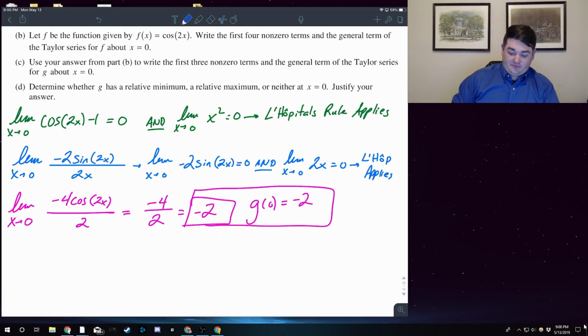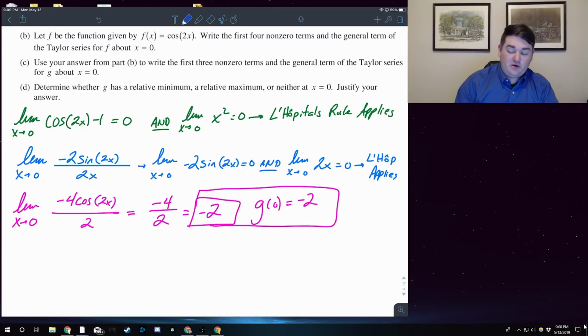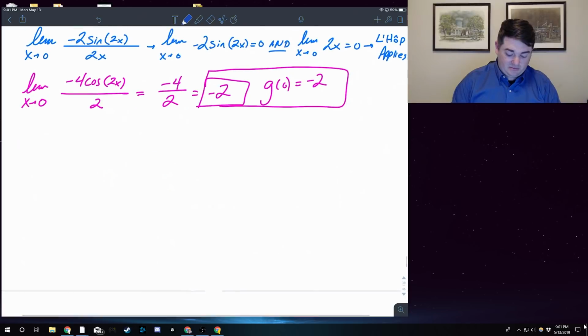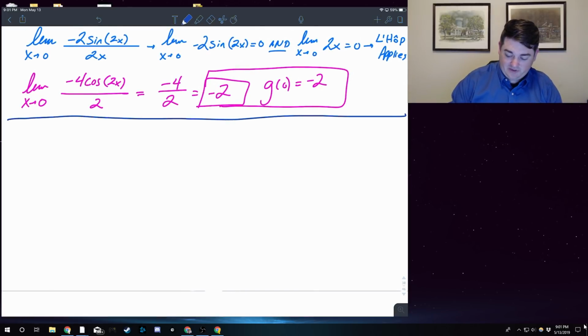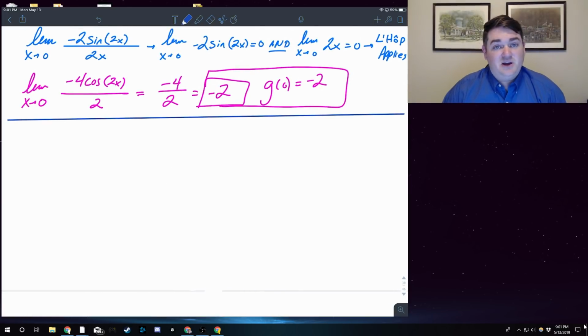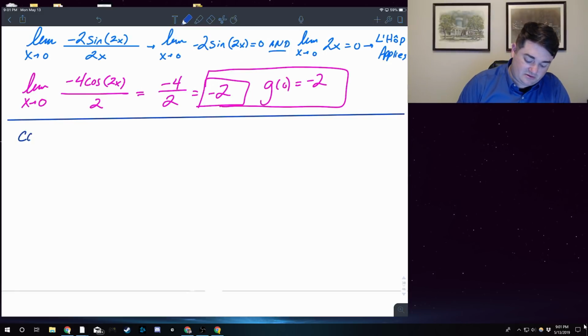So what we've got here is we know the Taylor series for cosine x, or we should, alternating even powers, even factorials. But instead of x, we're going to plug in 2x. My advice, if you've got time, write out cosine first.